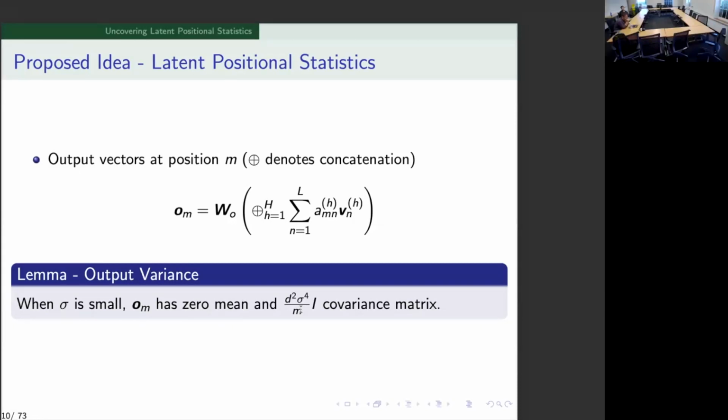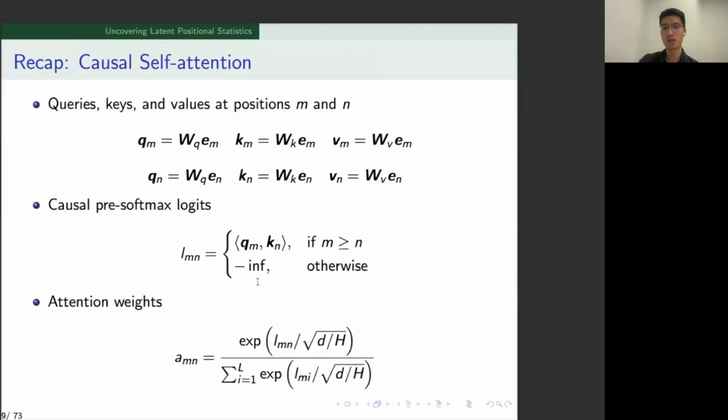Of course we have to go through some derivations, but the high level intuition is this. Imagine what the causal self-attention does when it's randomly initialized: it's actually computing the average of all the input embeddings, because all the parameters are randomly initialized. So its q_m transpose k_n will be pretty close to 0, because all the elements are randomly initialized, so they're kind of orthogonal.